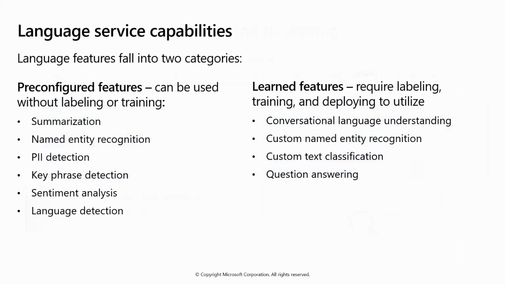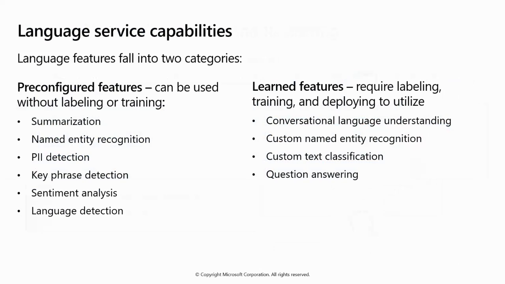There are two types of language service features: those that are pre-configured and those that are learned. For learned features, you need to build and train a model that can correctly predict labels. Certain features of the language service can be used without any model labeling or training. Once you get your results, you can send your data and use the results in your app.